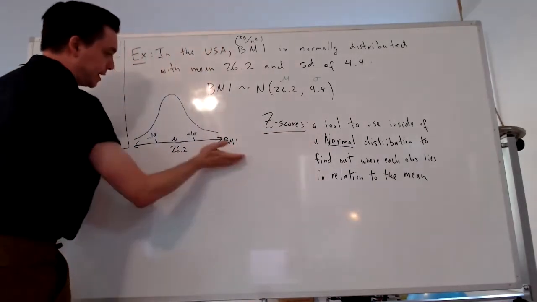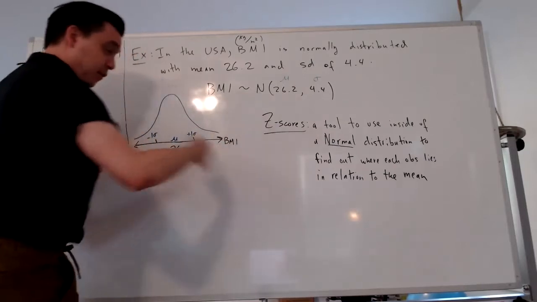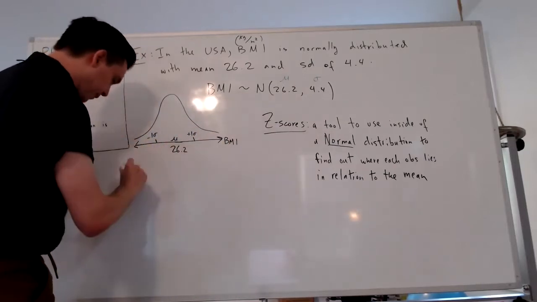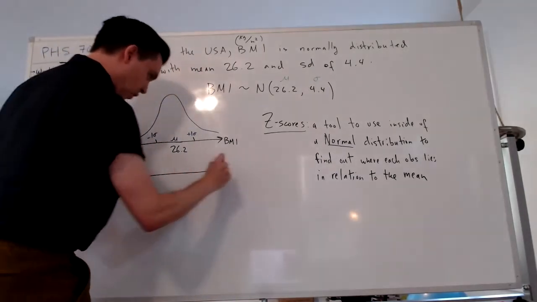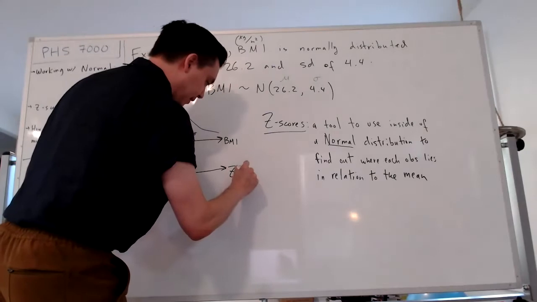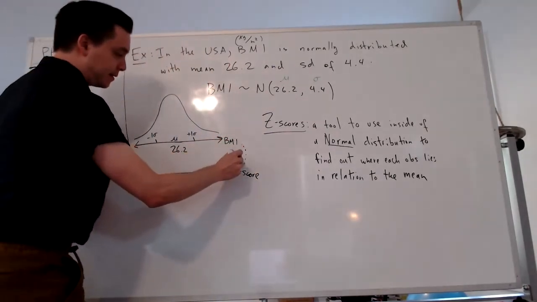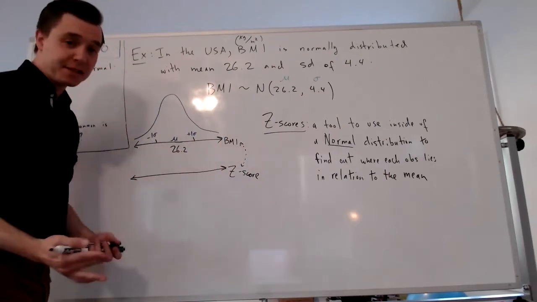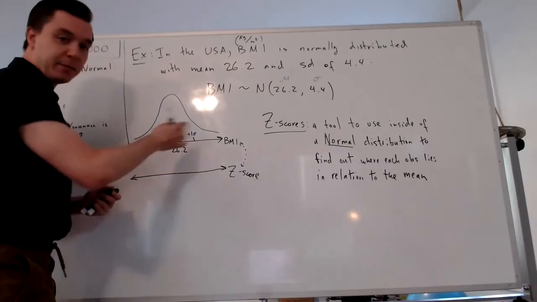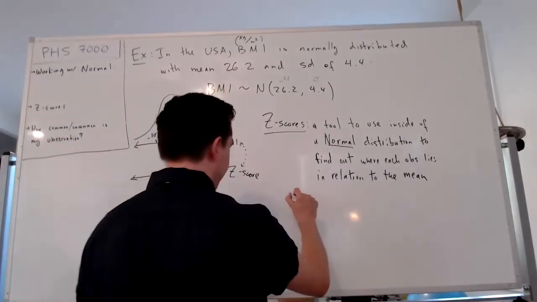The BMI is one scale. We can simply reassign each one of our BMIs onto this Z-score scale, right? Every BMI will correspond to a Z-score, and every Z-score will correspond to a BMI. Here is the equation for the Z-score.